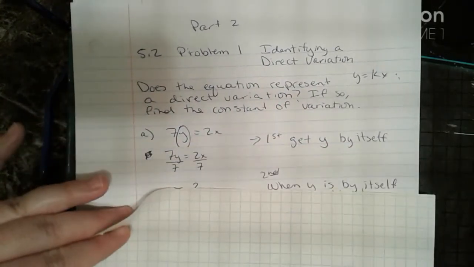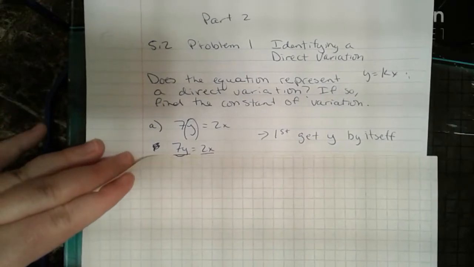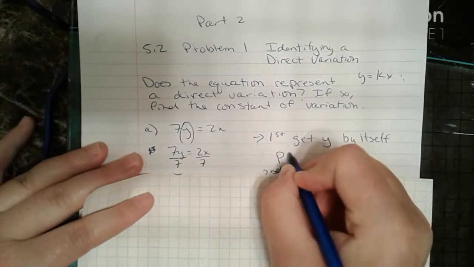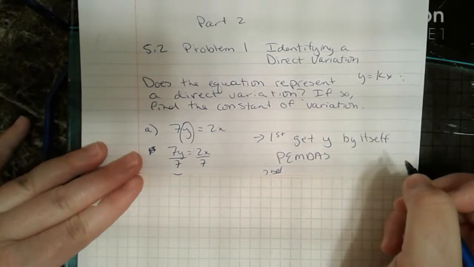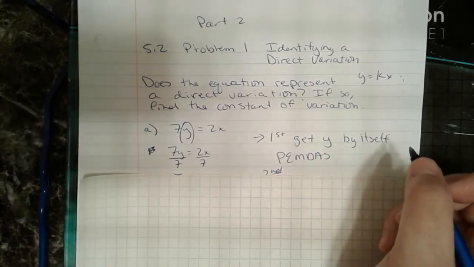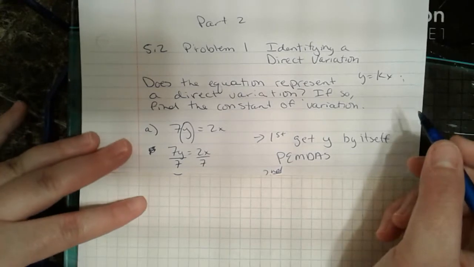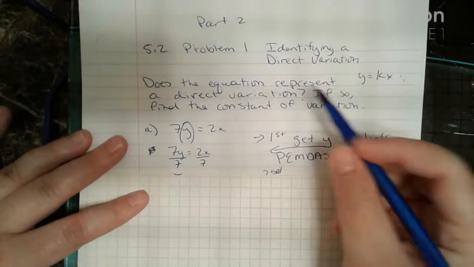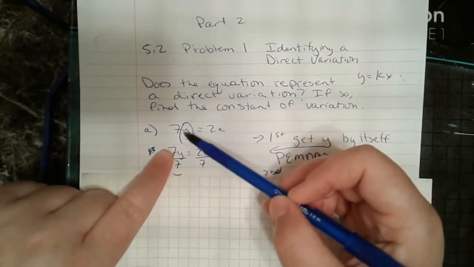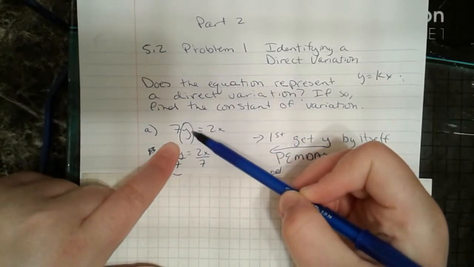And then I would realize, hey, what is attached to the y? We have PEMDAS, Please Excuse My Dear Aunt Sally, because we know that's how we simplify things, right? How do we solve them? By going in reverse. Well, what is happening to the 7 and the y?